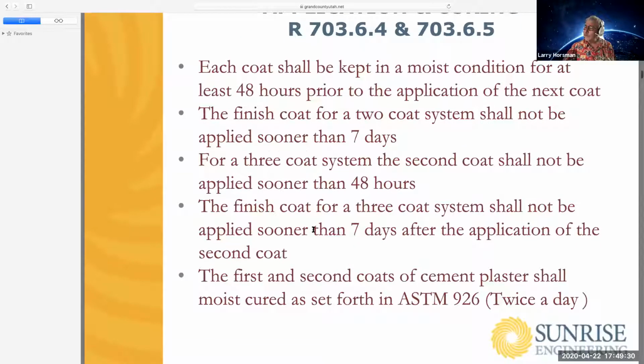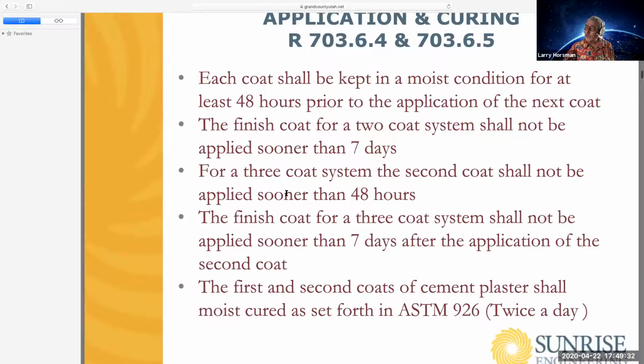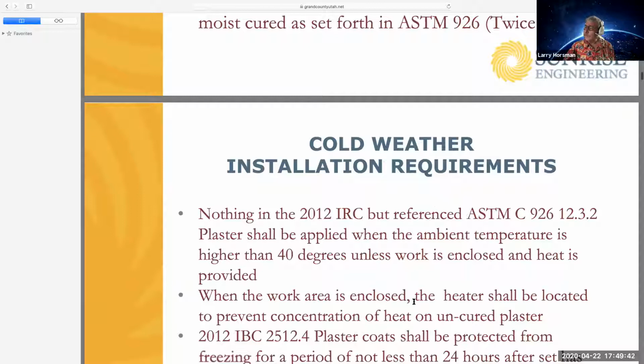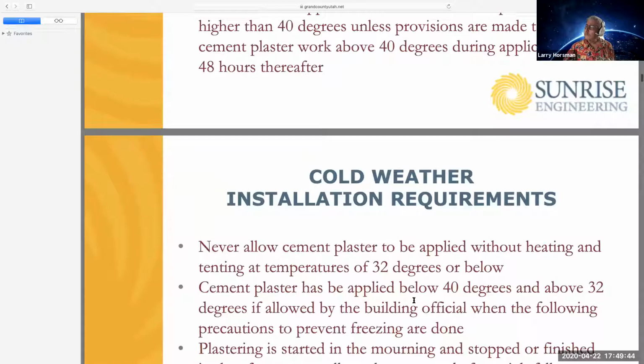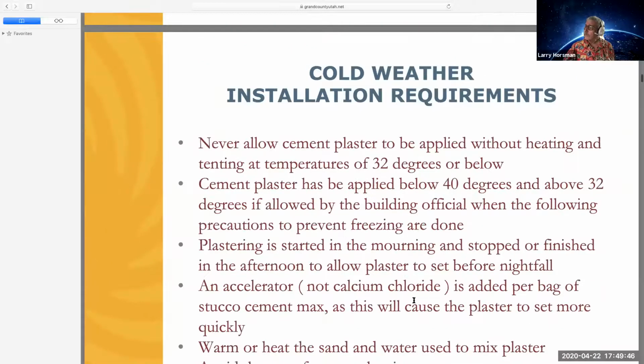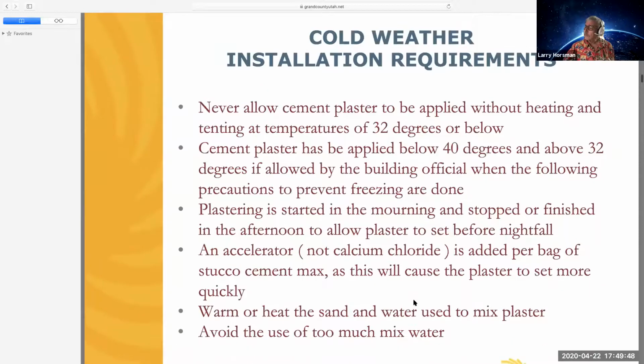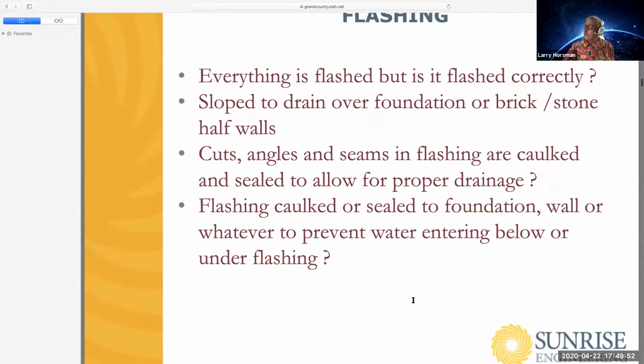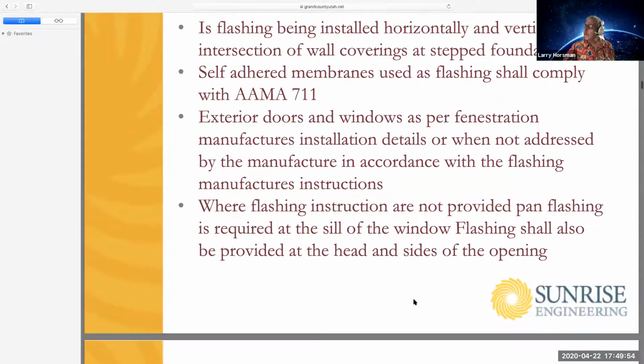Here's that 3-coat plaster system we were talking about, ASTM 926. This is all out of the code. Hasn't changed between the 92 code and the current code. We don't care about any of that right now.